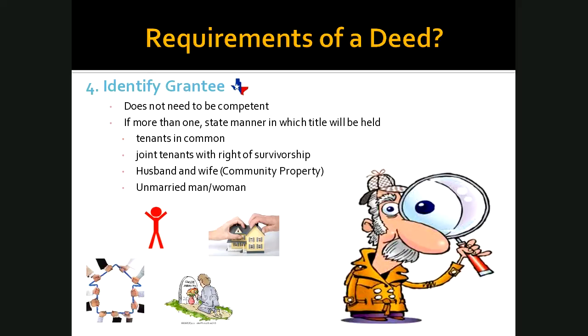All those designations have important consequences, as we learned earlier on, right? Community property. If you say husband and wife, that means it's community property in Texas. You learned the ramifications of the joint tenants with right of survivorship, right? And then if you're unmarried, man or woman, you want to put that so that it's not community property. So identify the grantee and the manner in which title will be held.